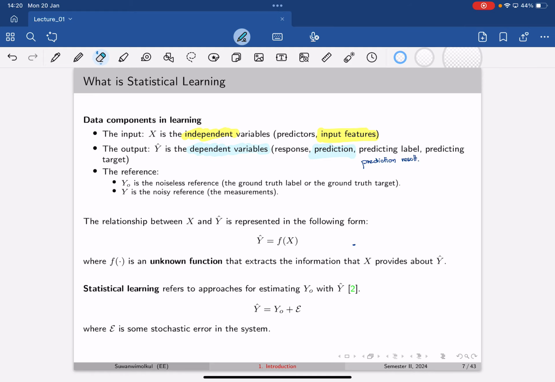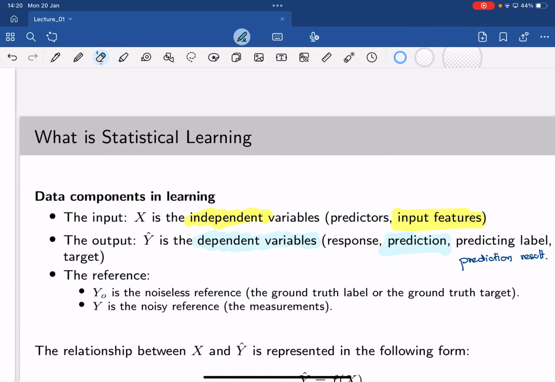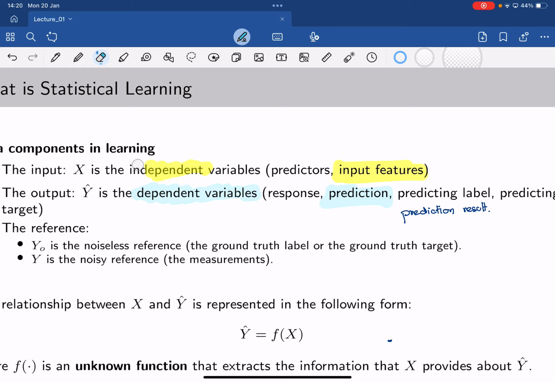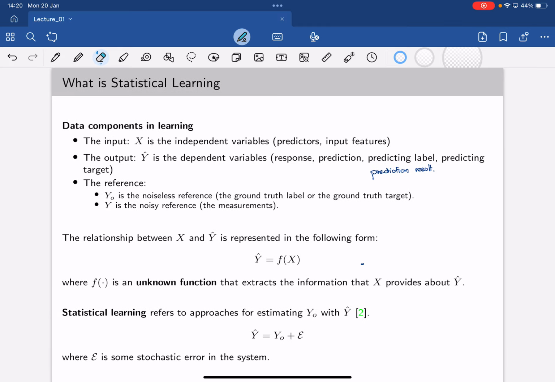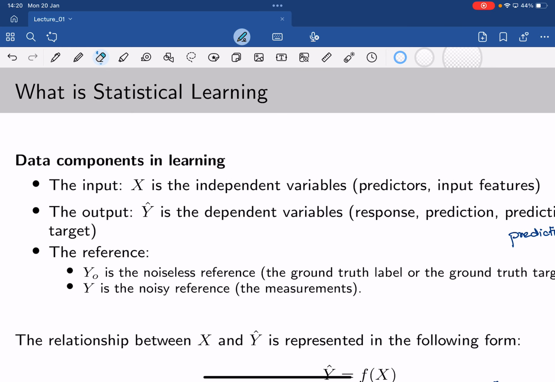Okay. In our course, Statistical Learning, I will use the following notation as well as set up our setting. So firstly, most of our models in this course are discriminative models.